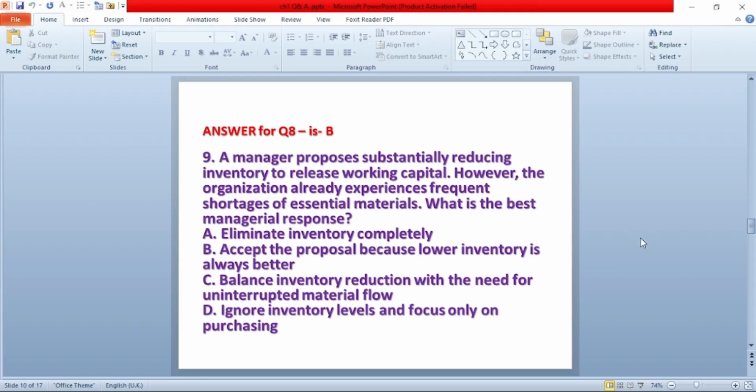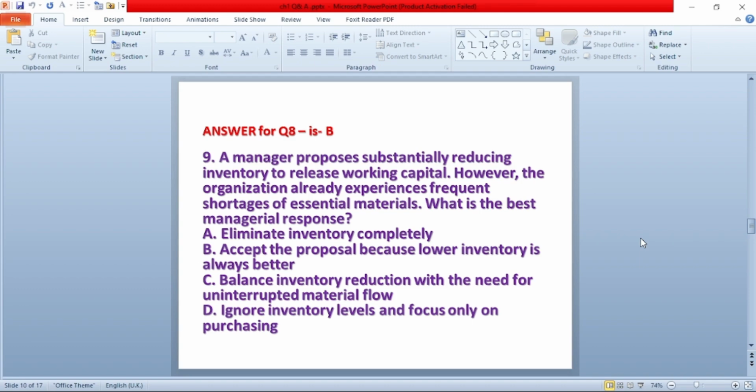Question number 9. A manager proposes substantially reducing inventory to release working capital. However, the organization already experiences frequent shortages of essential materials. What is the best managerial response? A. Eliminate inventory completely.